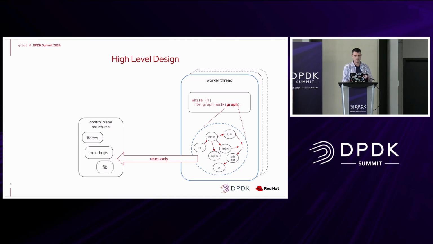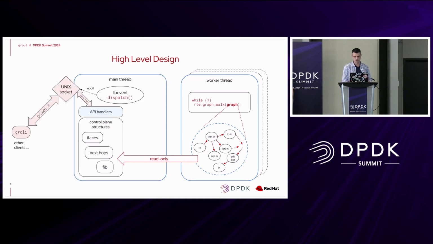And these structures need to be configured. So we have API handlers, which are assigned via libevent. We have a Unix socket. And then we have a well-defined API. So it's not gRPC or something fancy, but at least it does the job.